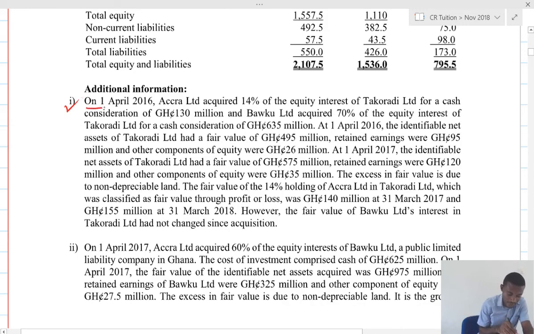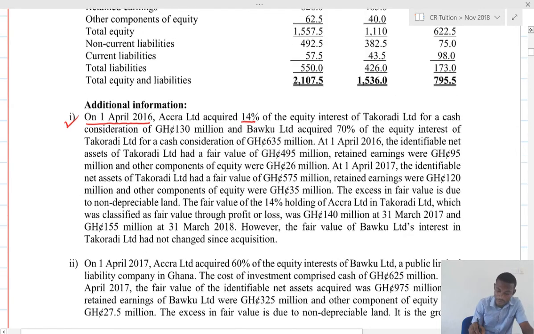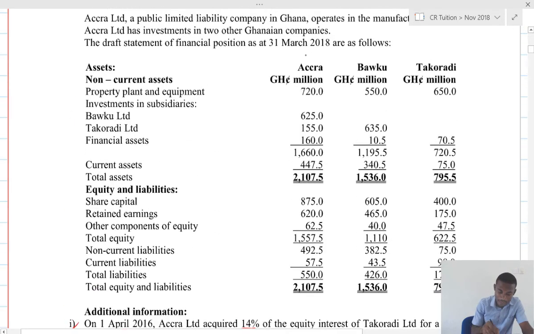Now it says that on the 1st of April 2016, Accra Limited acquired 14% of the equity interest of Takrady for a cash consideration of 130 million. So take note. Now on the face of this, we have Accra, who is likely the parent, Boko is a subsidiary, Takrady is a subsidiary.